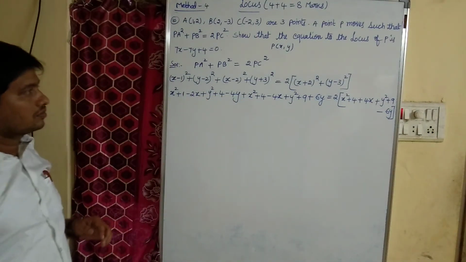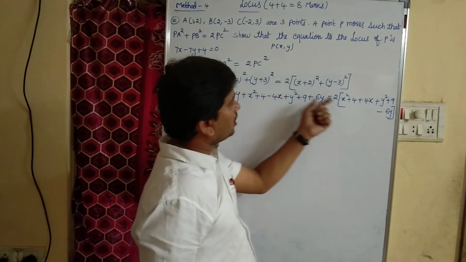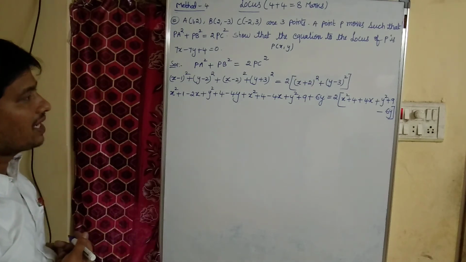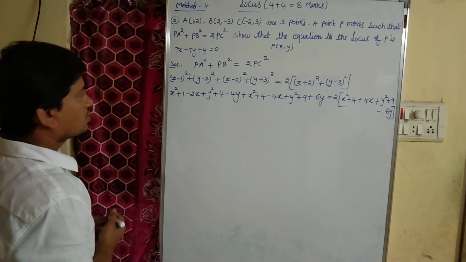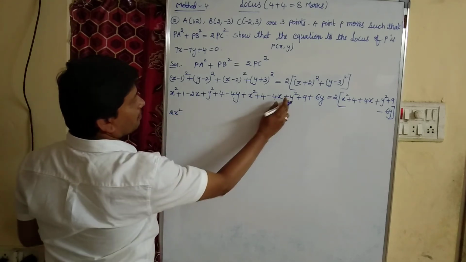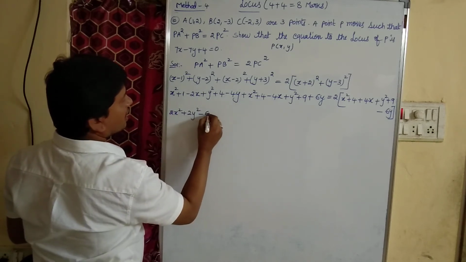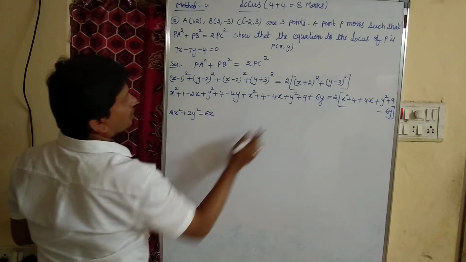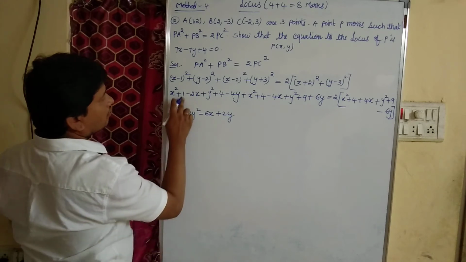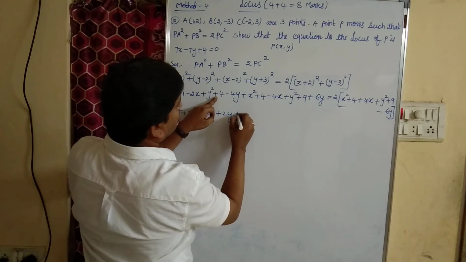Okay children, this term equal to 2 into x square plus 4 plus 4x, y square plus 9 minus 6y. Here x square plus x square is 2x square, y square plus y square is 2y square, minus 2x minus 4x minus 6x, minus 4y plus 6y is 2y. 1 plus 4 is 5, 5 plus 4 is 9, 9 plus 9 is 18.